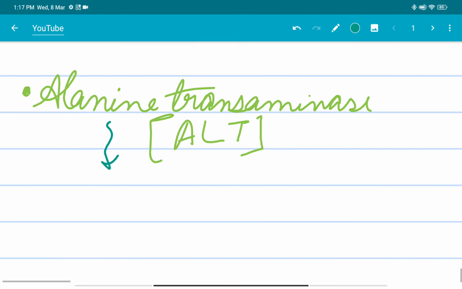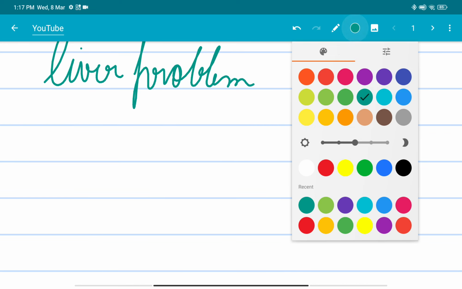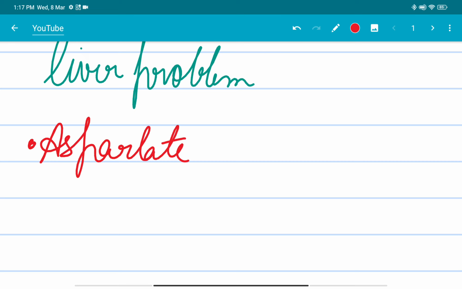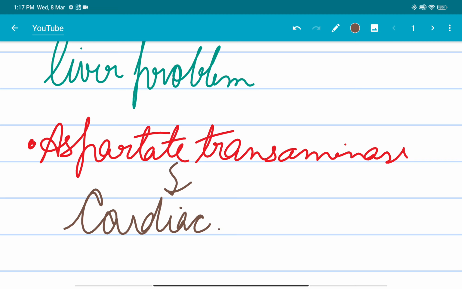Fine. Then the other transaminase which we have read is aspartate transaminase. Aspartate transaminase is elevated when there is a cardiac disorder, when there is a problem related to the heart.